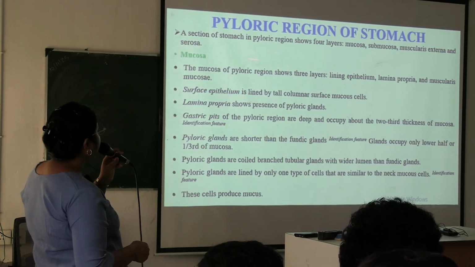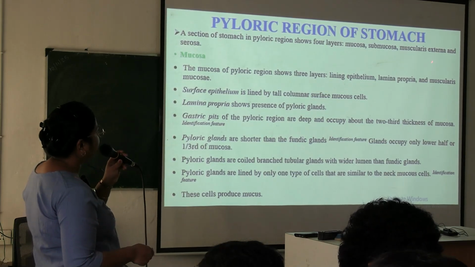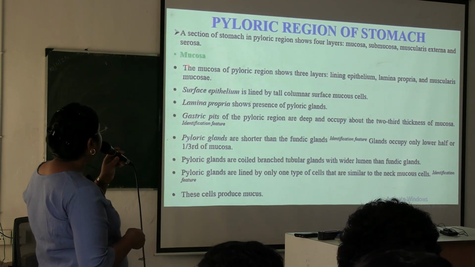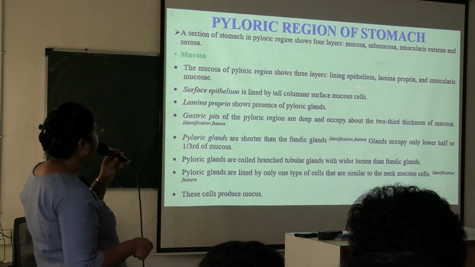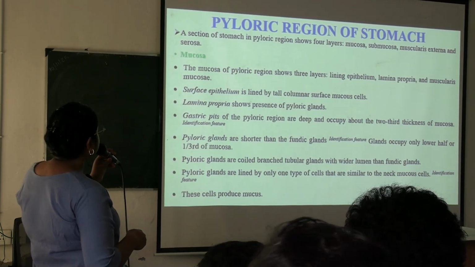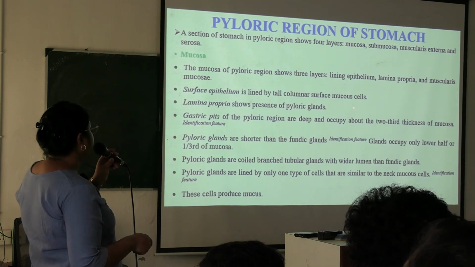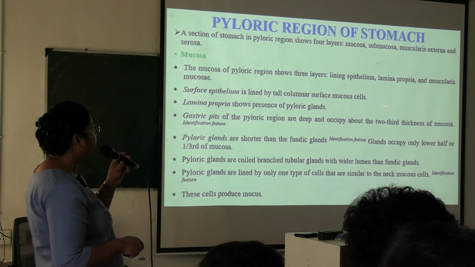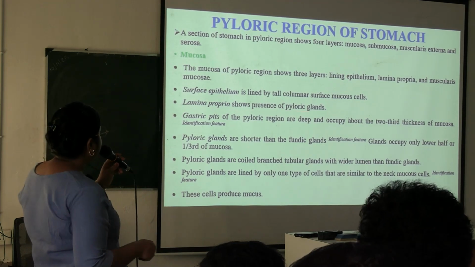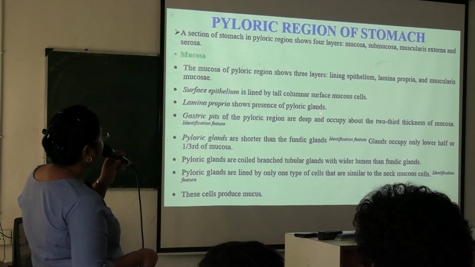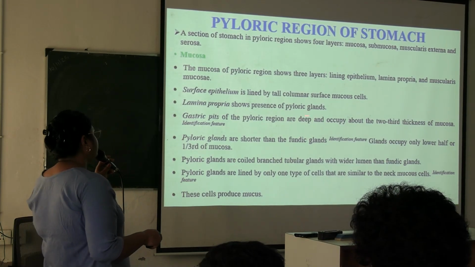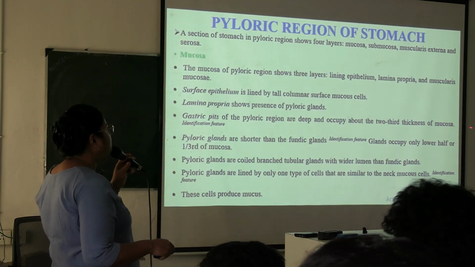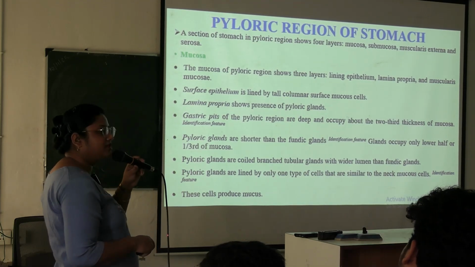A section of the stomach in the pyloric region shows again those 4 layers. The mucosa of the pyloric region shows 3 layers: lining epithelium, lamina propria, and muscularis mucosa. The surface epithelium is lined by tall columnar surface mucous cells. The lamina propria shows the presence of pyloric glands. Gastric pits of the pyloric region are deep and occupy about 2/3 of the thickness of the mucosa.